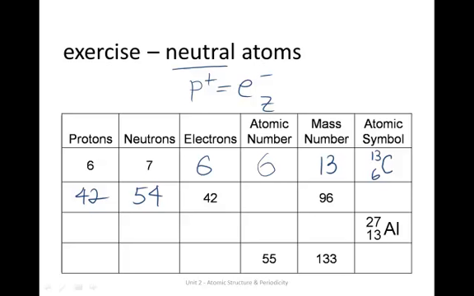And, of course, if it has 42 protons, its atomic number is 42. If we look at our periodic table, we'll see that that is a molybdenum atom, Mo, and we would write the symbol 42, 96.